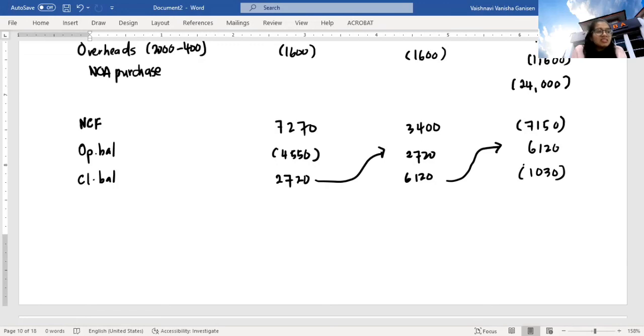So by producing a cash flow forecast, you are able to identify the need for cash in your company, whether you have enough cash available to support your organization. If you don't have enough cash, you may need to borrow. You can use short-term borrowing or long-term borrowing, depending on how your company wants to manage the cash flows.